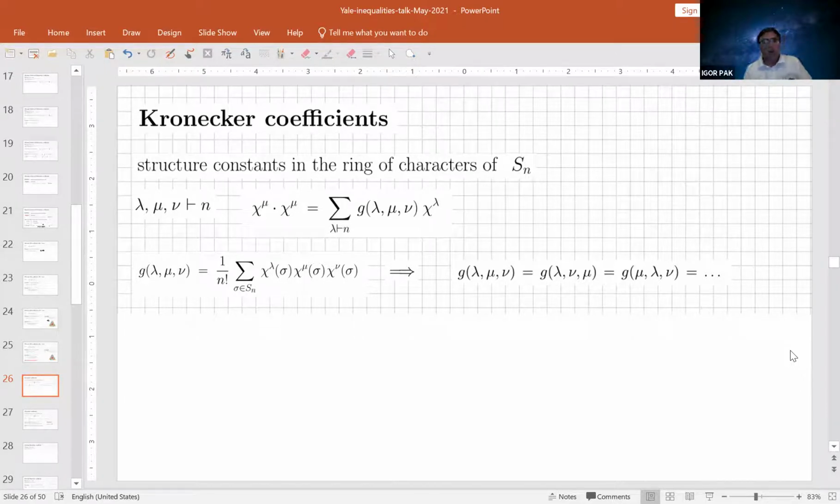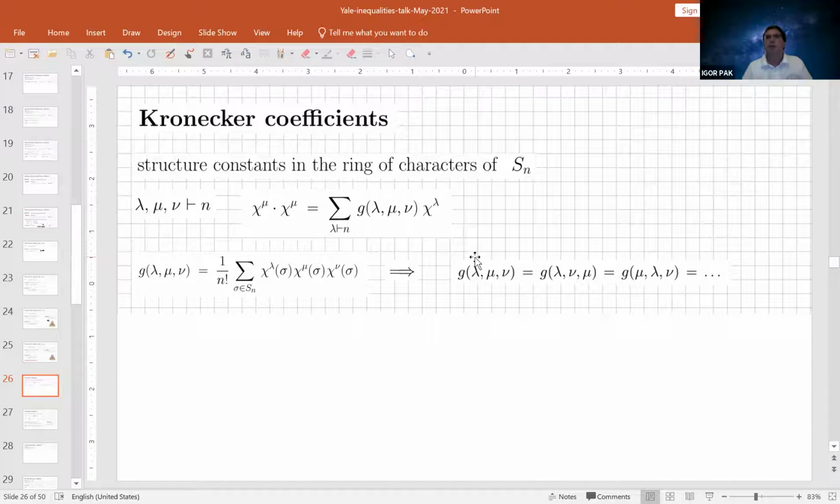The definition is somewhat asymmetric, but you can write it in a symmetric form as 1 over n factorial times the sum over all permutations of the triple product of characters, which implies that the Kronecker coefficients are symmetric with respect to switches between lambda, mu, and nu.